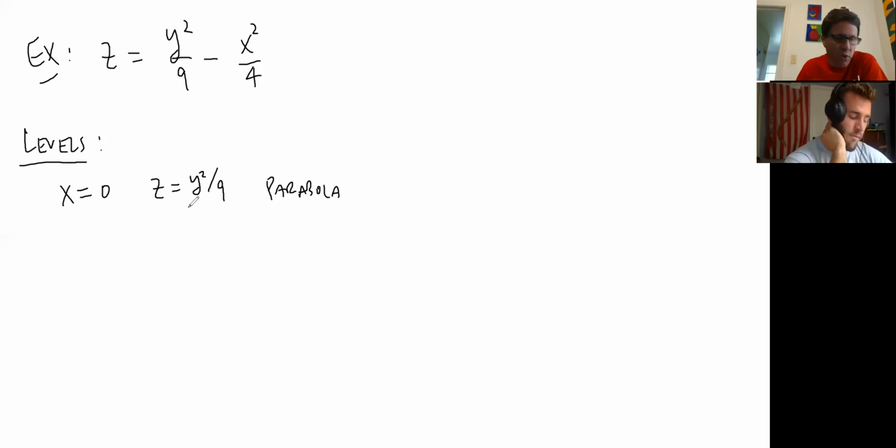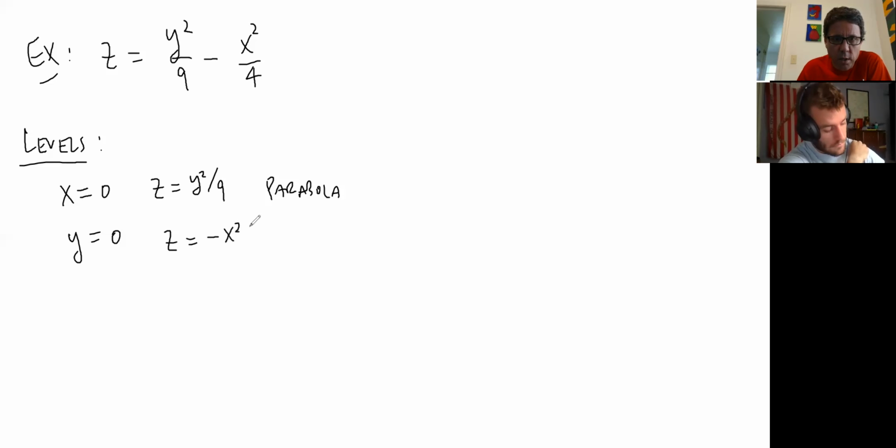It opens up. If I tried y equals 0, I'll get z equals negative x squared over 4. And that's also a parabola, except now it's facing down because I've got a minus in front of it. The first one's facing up, second one is facing down.